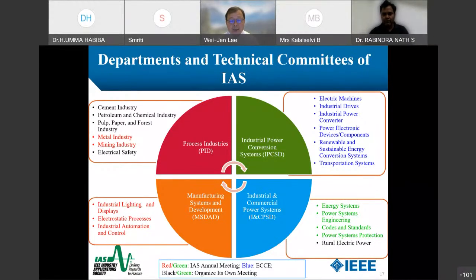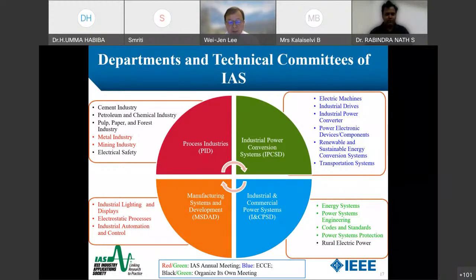If you look at the color coding here, the red and green attend the IAS annual meeting. Every year we have an annual meeting with paper presentations.